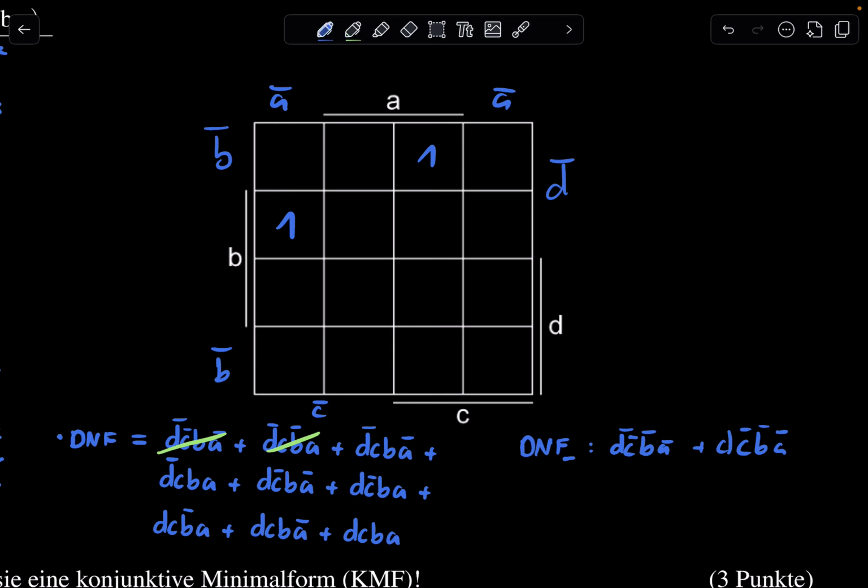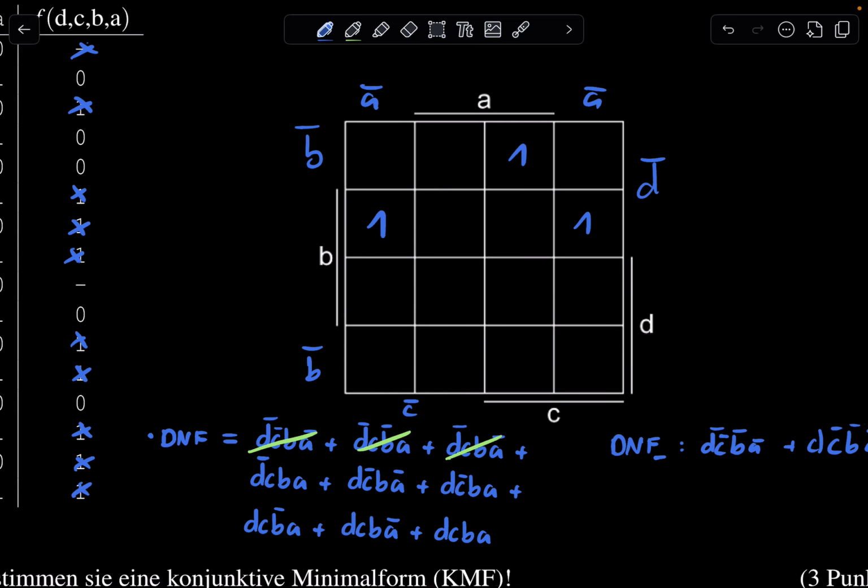D, C, but B, but not A. D, C, B, but not A. Perfect. We want this one, not D, but CBA, that's another one. Not D, but CBA. Oops.